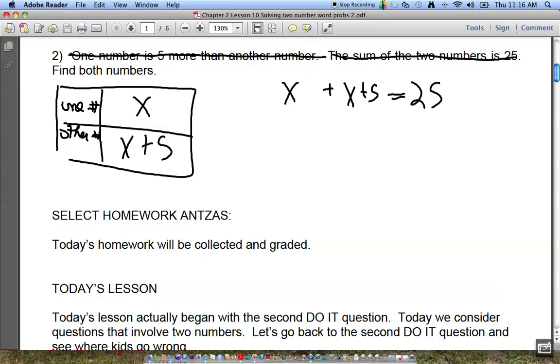Find both numbers. That means I've used everything. Is this the same side situation or an opposite side situation? What's one X and another X? 2X. Nice. 2X plus 5 is 25.